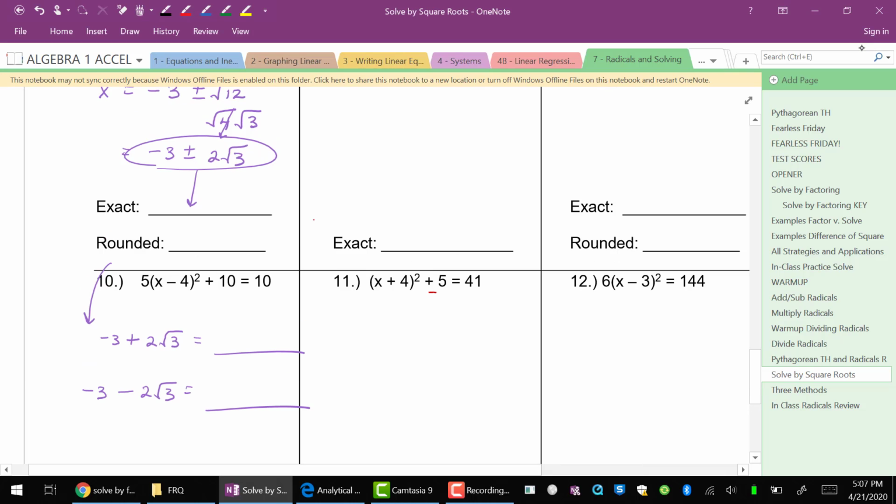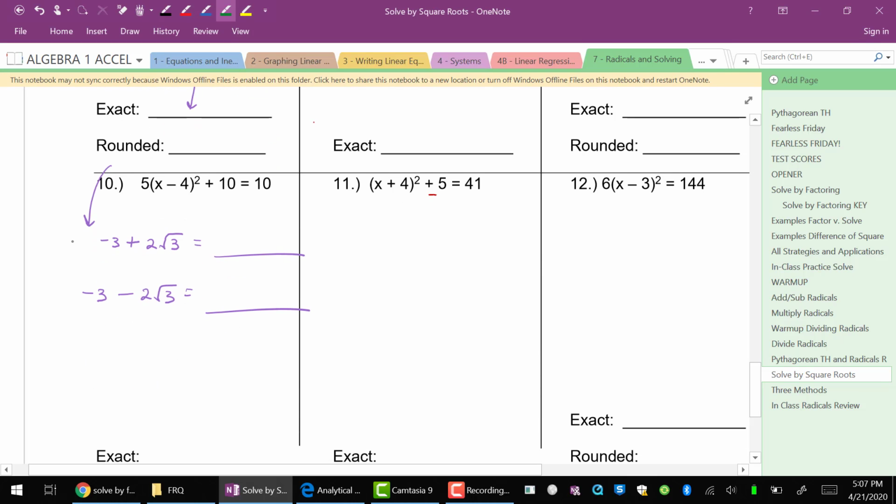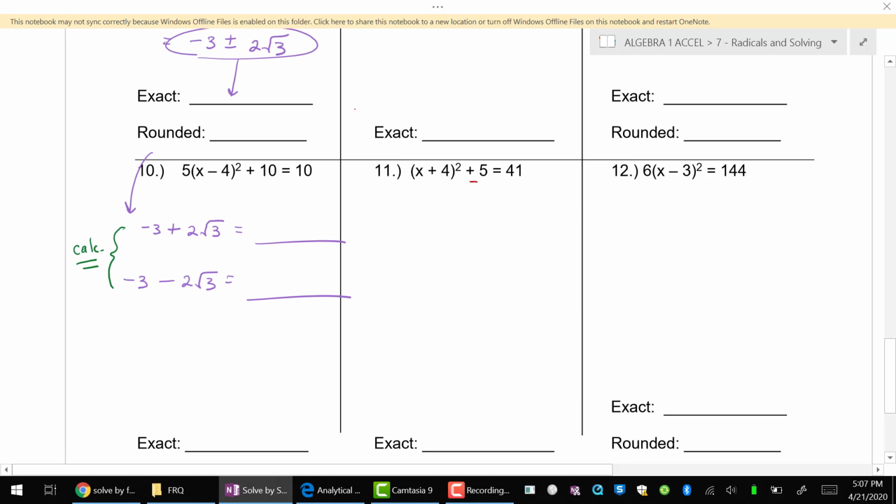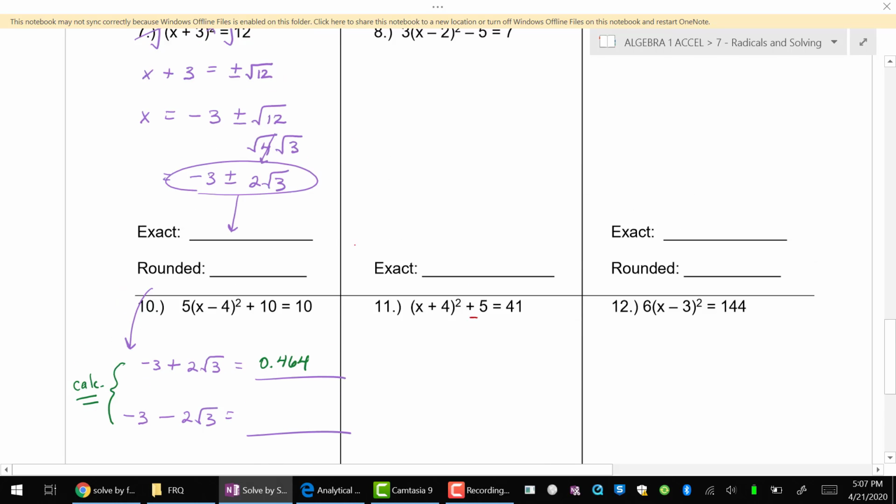Type both of these expressions into the calculator. I'll put the calculator right there to find out what the rounded solutions will be. So negative 3 plus 2 radical 3. Press enter. I have a value here of 0.464. Let's check rounding up here.